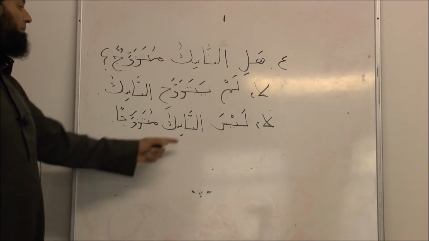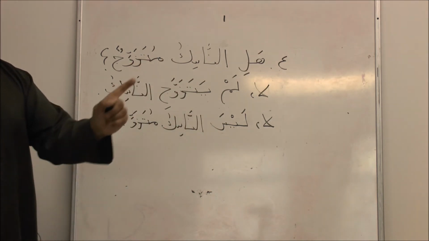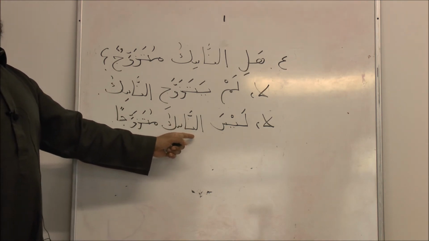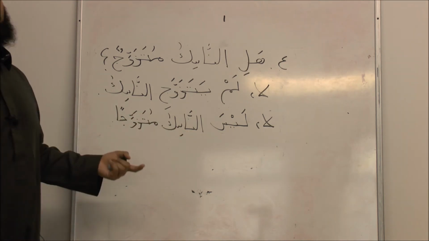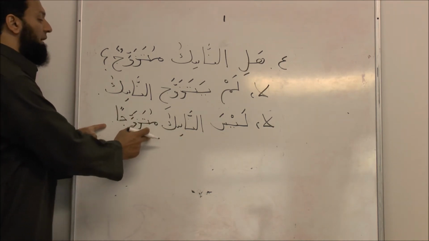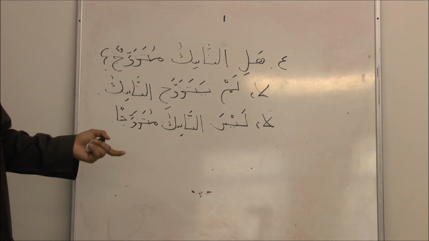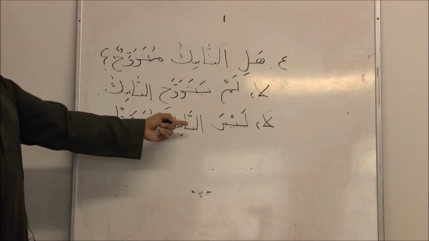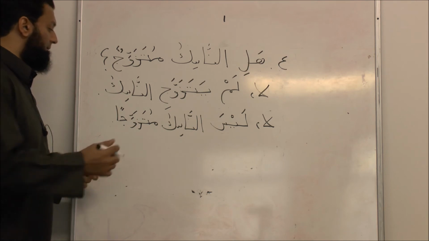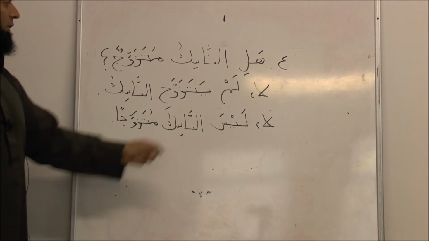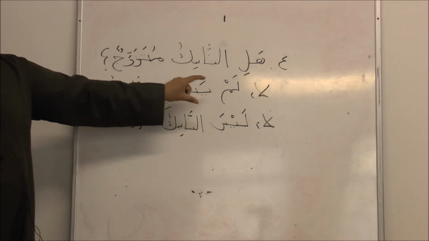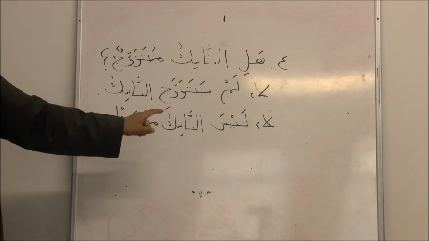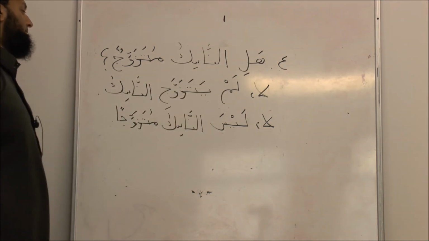Remember that laysa is like a normal verb. It takes a subject, which they call ismu laysa, and it takes an object which they call khabaru laysa, like kana. So you would say la laysa an-nasiku mutazawwijan. The first way of answering the question is using a verb, yatazawwaj, negated with lam.